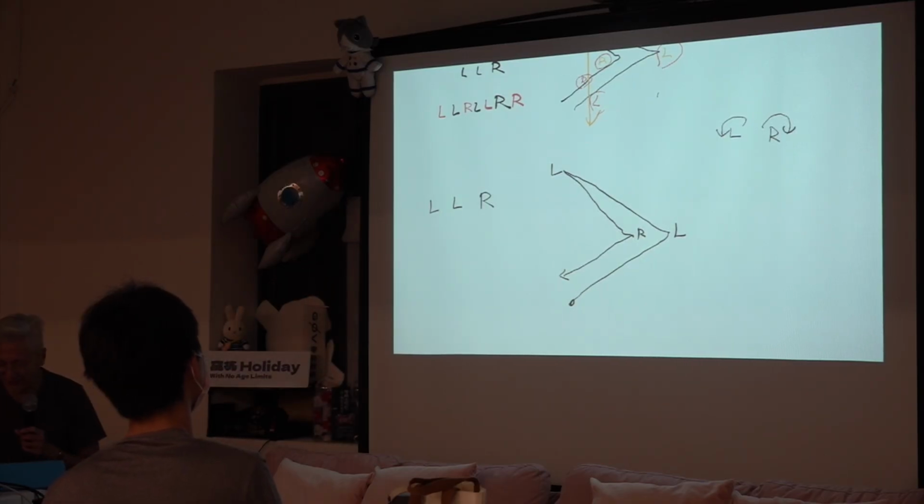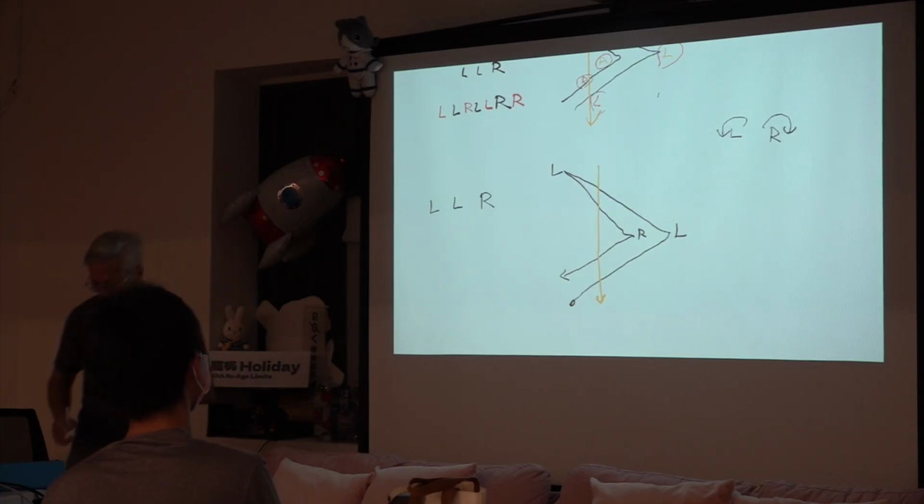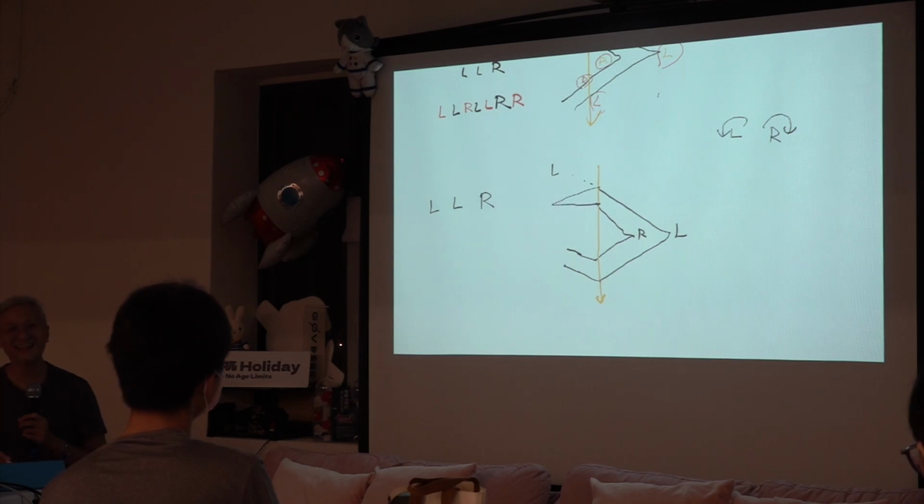Now this yellow thing means that I'm trying to fold this again, like this. I don't know how to draw this, but now this becomes a little bit like this. Okay, now they become a little bit like this. And this one, supposedly is like this.